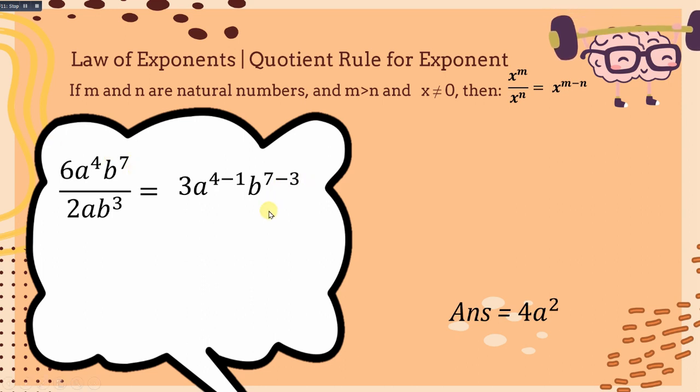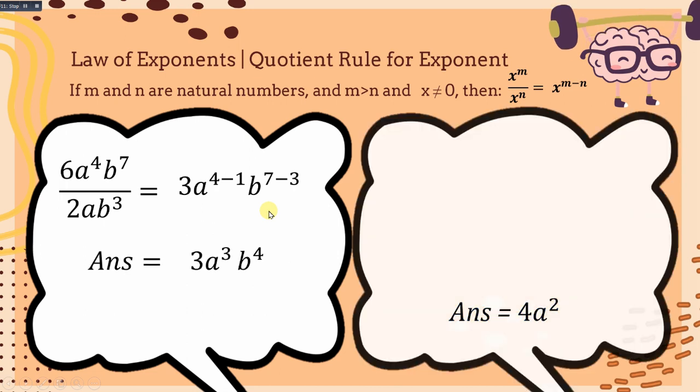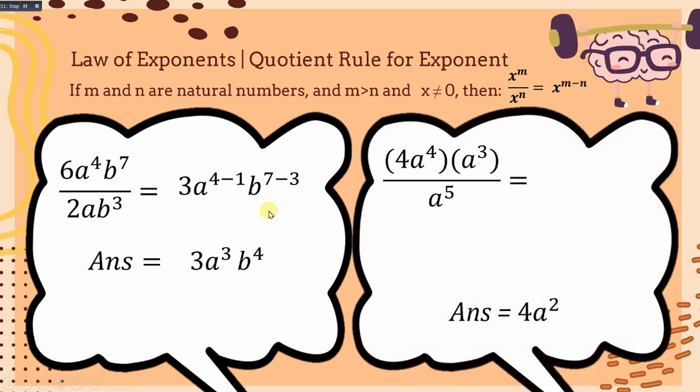Another example is the combination of a product rule and the quotient rule. So we have 4a to the 4th power multiplied by a cubed, divided by a raised to 5. In this case, we must first apply the product rule. We multiply first the 4a raised to 4 by a cubed. So the answer would be 4a, and then add its exponent, 4 plus 3, and then divided by a raised to 5.